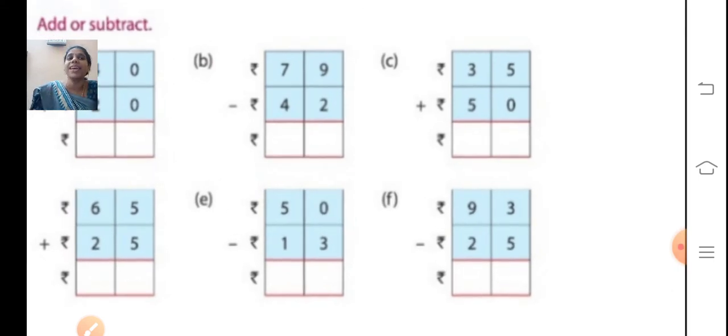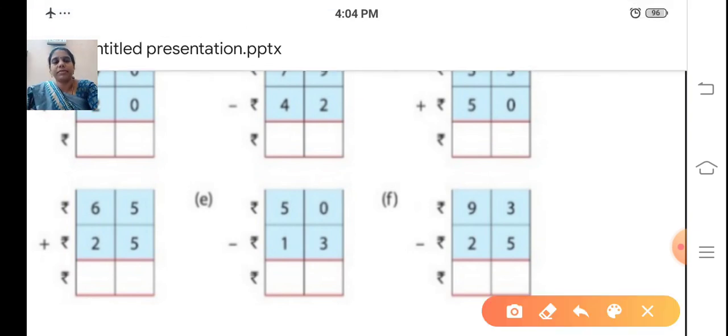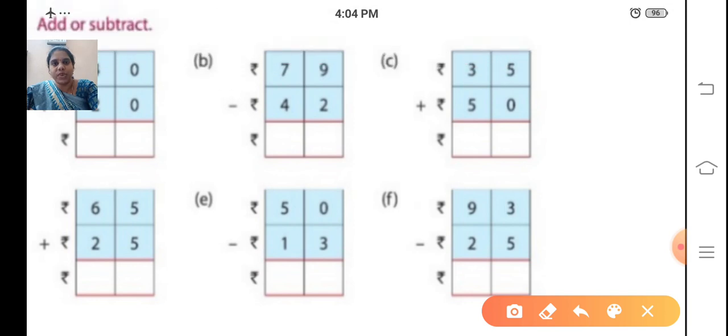And if sum 93 minus 25, same. You're going to subtract 93 rupees minus 25 rupees. How to do this? 93 minus 25. Can you subtract 3 minus 5? No. So just get one from this. This will become 8 and this will become 13.